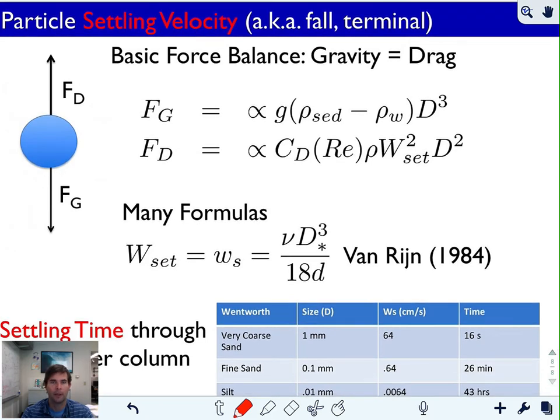These particles fall, and again, the general balance is between the shear stress from the water and the waves trying to suspend or keep these particles and get them out of the bed into the water column, and the weight of the particle, which acts to pull it back down into the bed. And those two things are fighting. So the key thing is what is the rate at which a particle settles down from the water column into the bed.